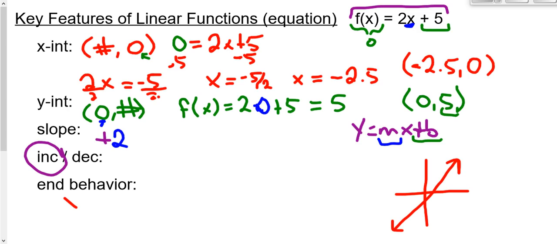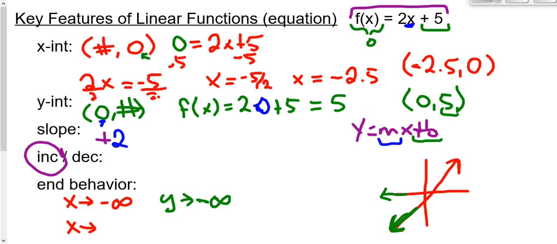So as x approaches negative infinity, which means I'm going this direction on my x-axis, my function is going downhill. It's getting smaller and smaller, which means my y values are approaching negative infinity as well. And this is always going to be the case for an increasing function. If you forget, though, it's really easy to sketch something uphill and see what happens.